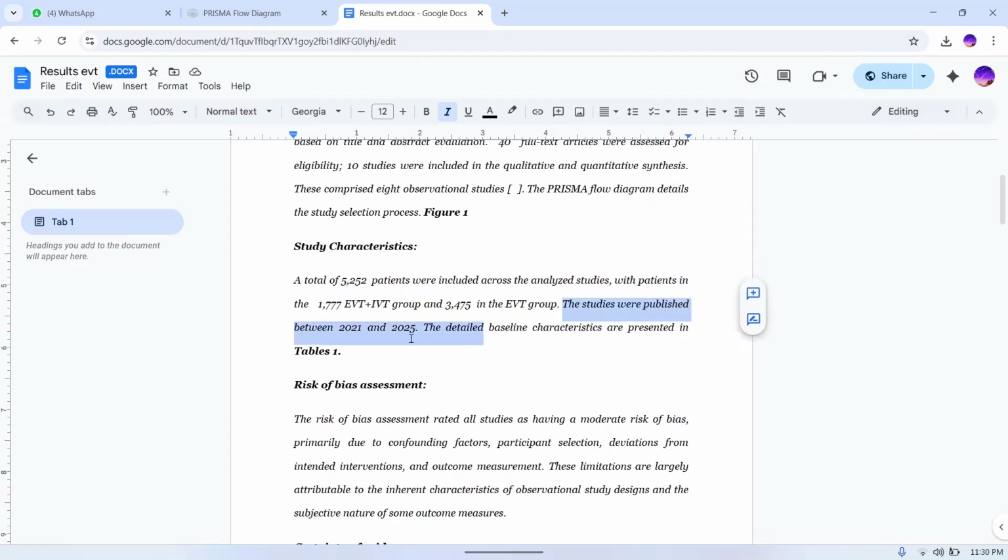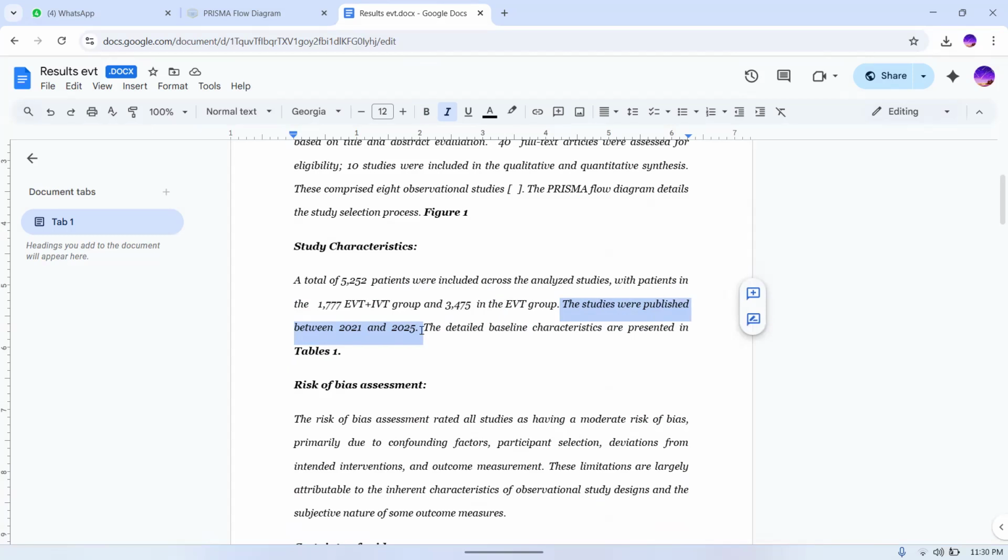The next line, you won't have to explain the whole baseline table, but explain just two or three main things. For example, write that the studies were published between, let's say, 2021 and 2025, from the oldest year to the latest year of your publications. The years are written in the study ID.